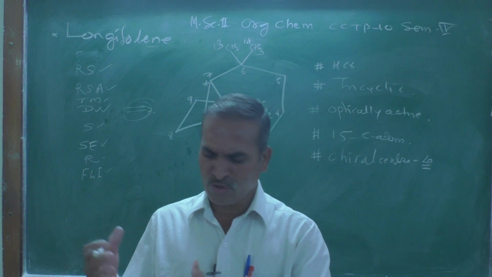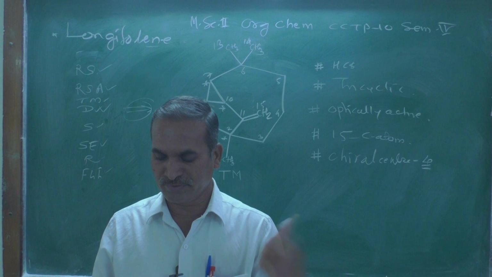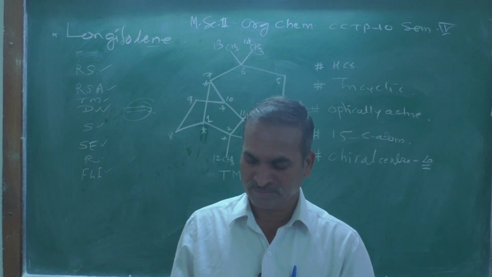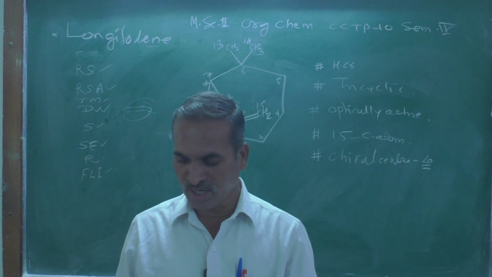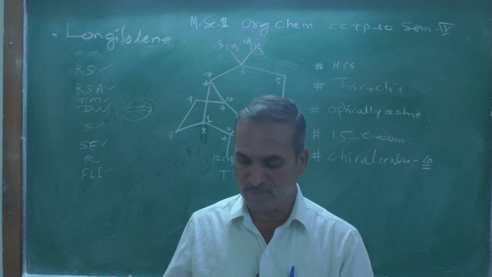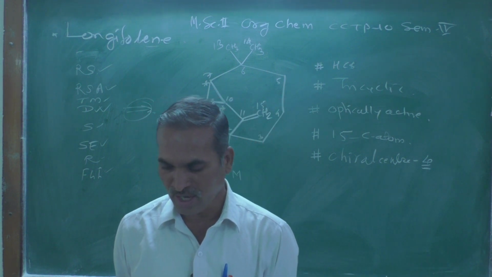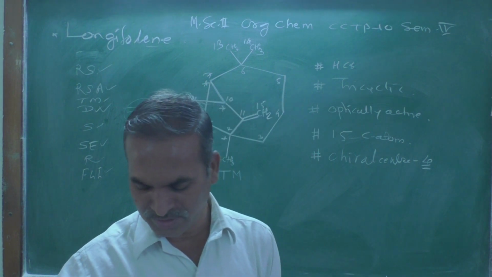There are 4 stereogenic centers in longifolene, which we have already discussed, but they are not independent of one another because the geometry of the ring system requires a specific relative relationship.